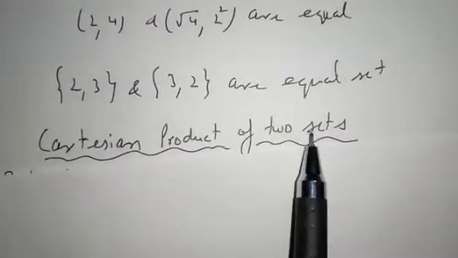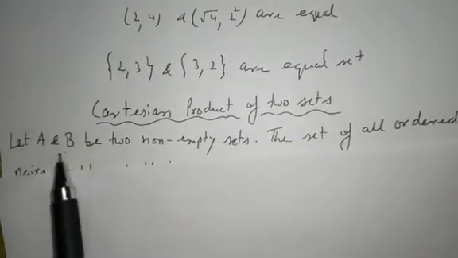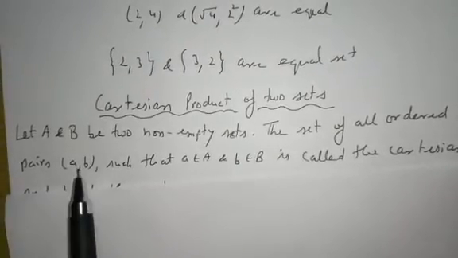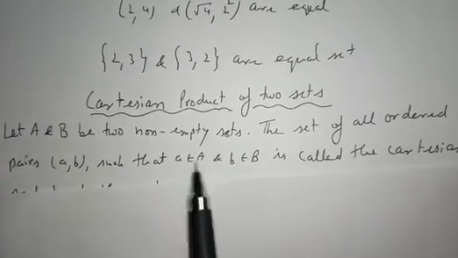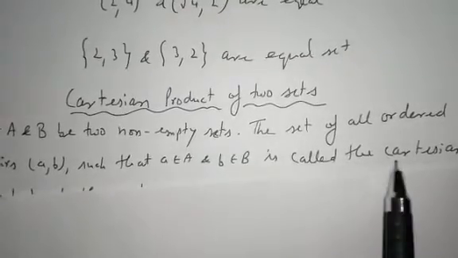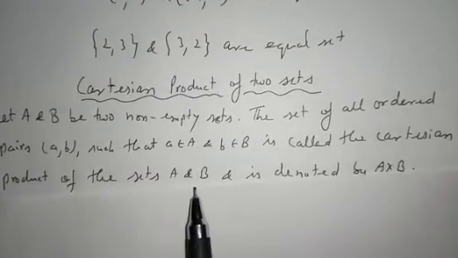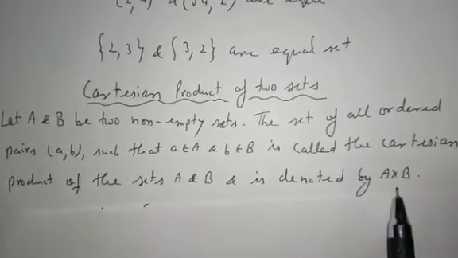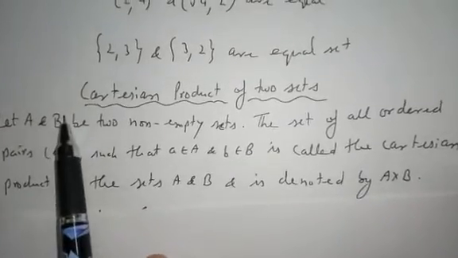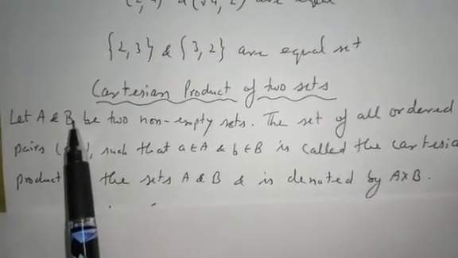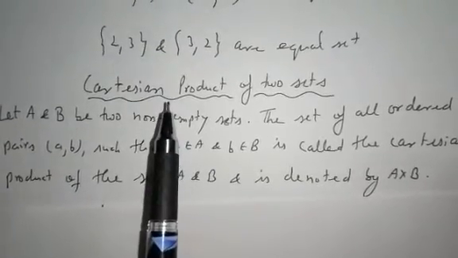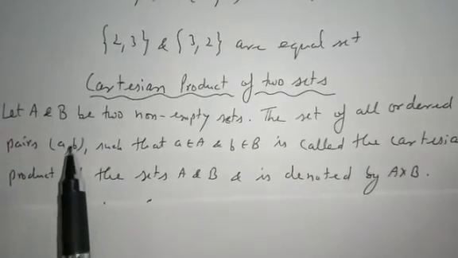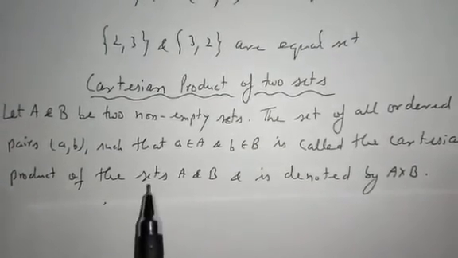Now, Cartesian product of two sets. Let capital A and capital B be two non-empty sets. Then the set of all ordered pairs (a, b) such that a belongs to A and b belongs to B is called the Cartesian product of sets A and B, and it is denoted by A × B. It means we have two non-empty sets A and B, and we take all the ordered pairs by taking the elements of A and B. This is called the Cartesian product.